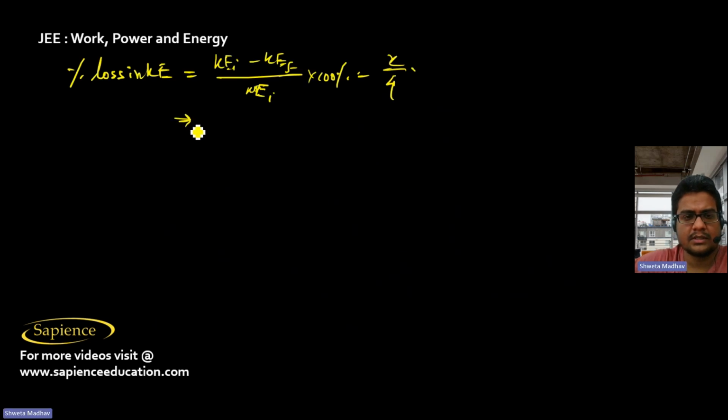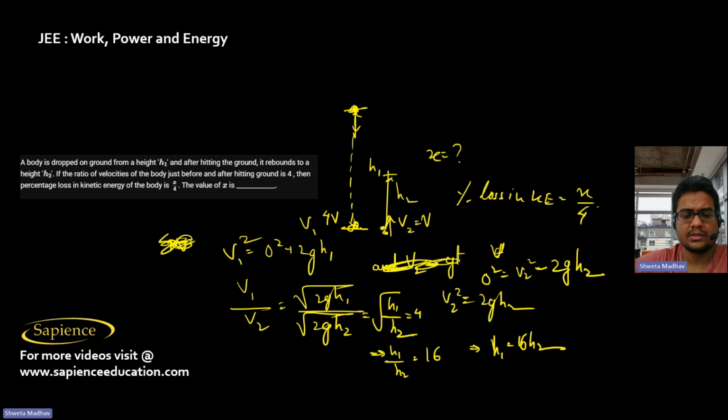So now kinetic energy initial is equal to half m v1 square, and half m v1 square is equal to mgh1.